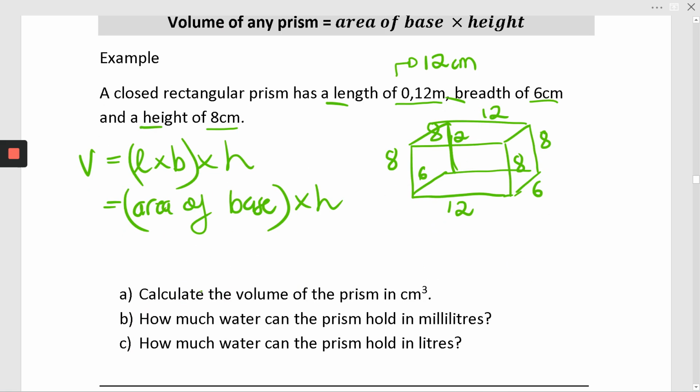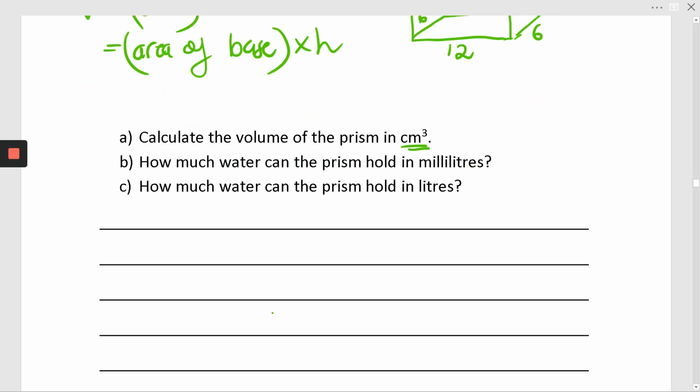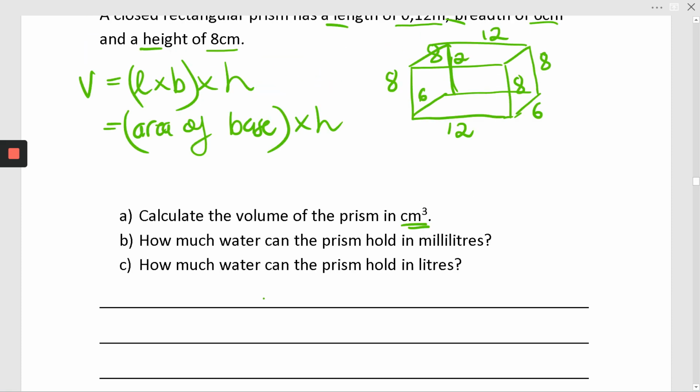Calculate the volume of the prism in cubic centimeters. Now, if it had asked for something else, we could have gone into cubic centimeters first because that's how the measurements were made, or we could convert all the measurements, or we could just get to our answer and convert that.